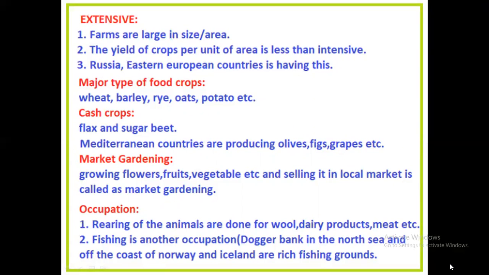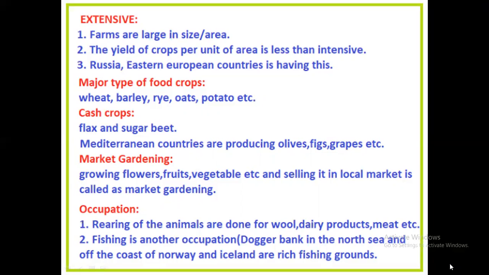Just like sugarcane in our country, Europe has most of its sugar coming from sugar beet. The Mediterranean countries also produce olives, figs, grapes, etc. From these grapes, they even make raisins and wines.